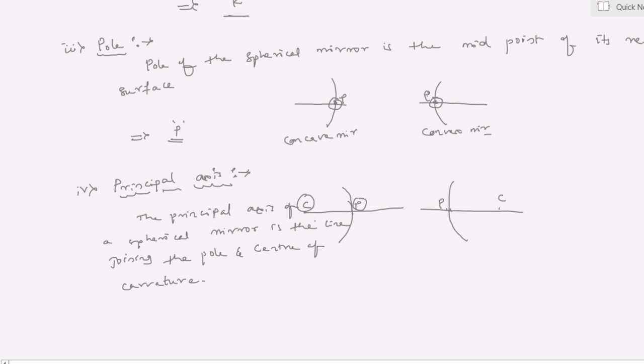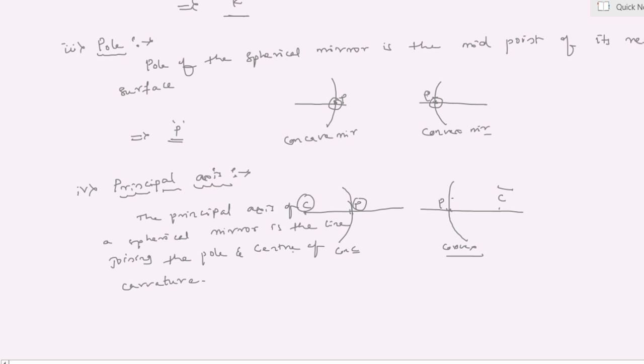Yes, my students, it means joining the center of curvature and pole of the mirror in case of concave, in case of convex also. In case of a convex mirror, the line joining the pole of the mirror and center of curvature is termed as the principal axis.